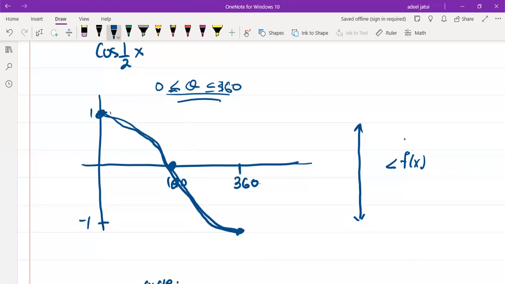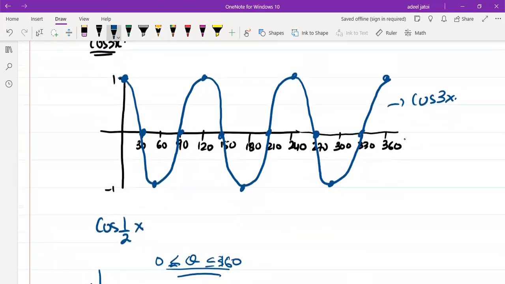So f(x) is greater than or equal to -1, less than or equal to 1. So the range for this particular graph is all the values from -1 to 1.